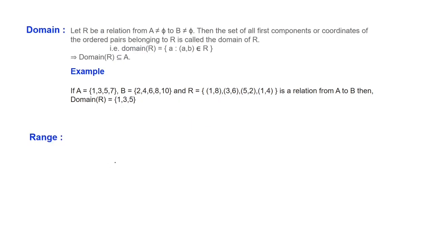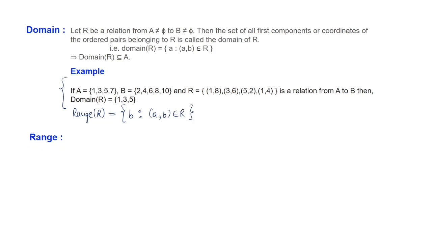Now, what is the range set? Let us consider this same example, and I am interested in finding the range set of the relation R. Then, it is the collection of the second element of the ordered pair which belongs to my relation. Right?